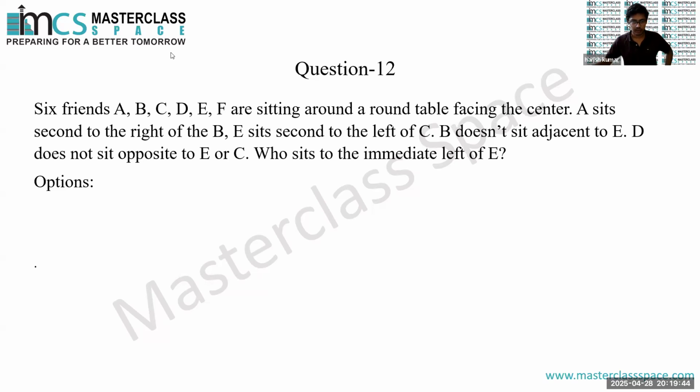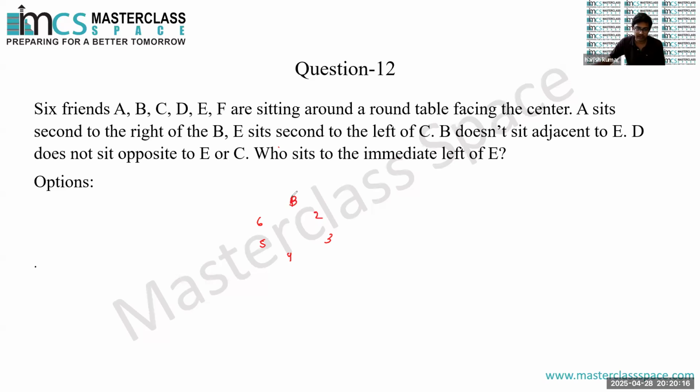All right. So first of all, let's mark the positions. There are 6 positions: 1, 2, 3, 4, 5, 6. Clear? Now the first condition says A sits second to the right of B. So first of all, I have to make B sit.